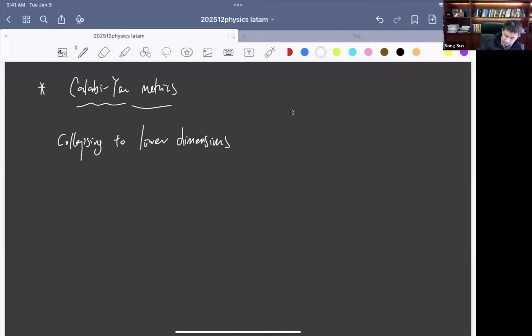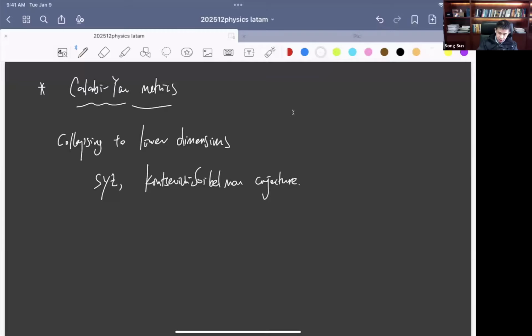Interesting things: one is the SYZ conjecture, or the Kontsevich-Soibelman conjecture. For a large complex structure limit, or for a general complex limit, it has to collapse along some nice directions, and the limit should be described in terms of the degeneration.